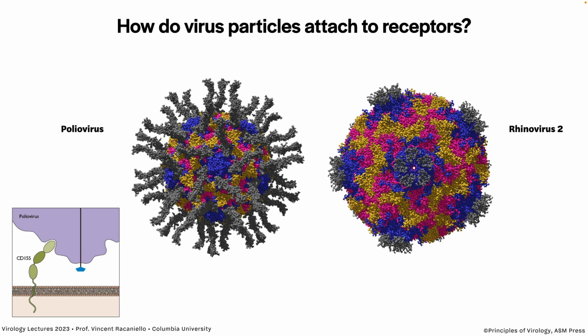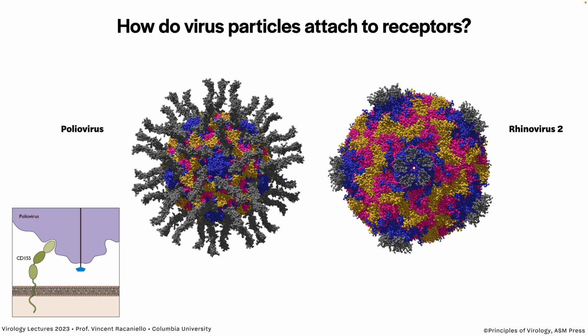So the receptor for poliovirus is a molecule called CD155, which actually we identified in my lab way back in the 90s, one of the first virus receptors to be identified.